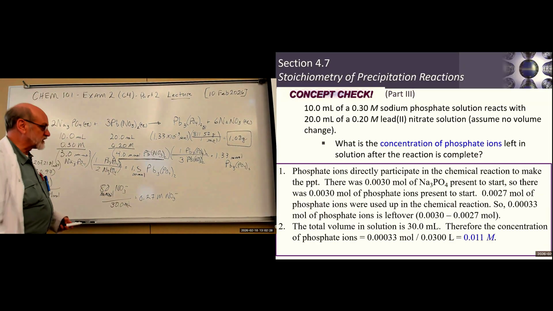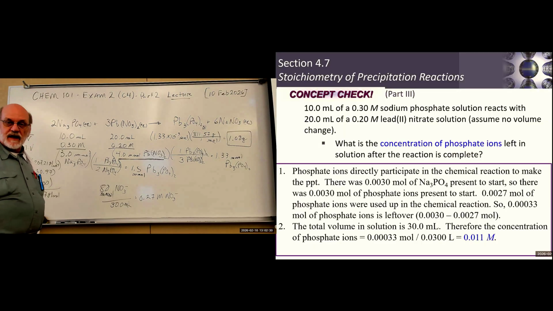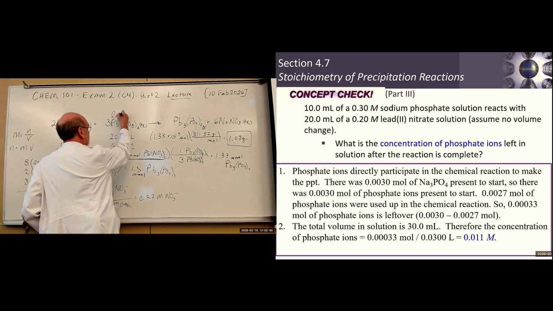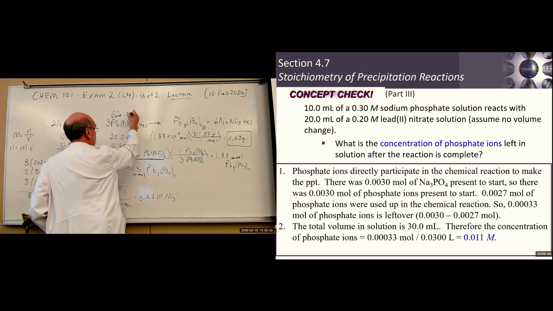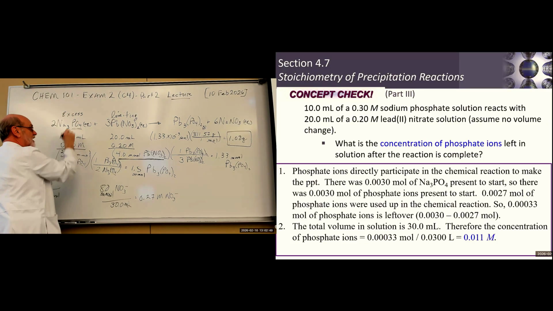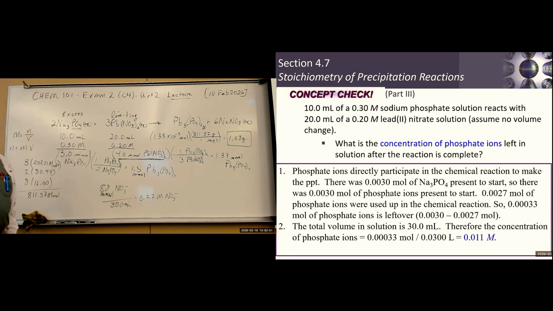Okay, now here's a more difficult one. How much phosphate is left in solution? Remember, this is the limiting reactant. This is the excess, which means there's going to be some sodium and some phosphate left over. Well, all the sodium's left over because it's not part of the precipitate.